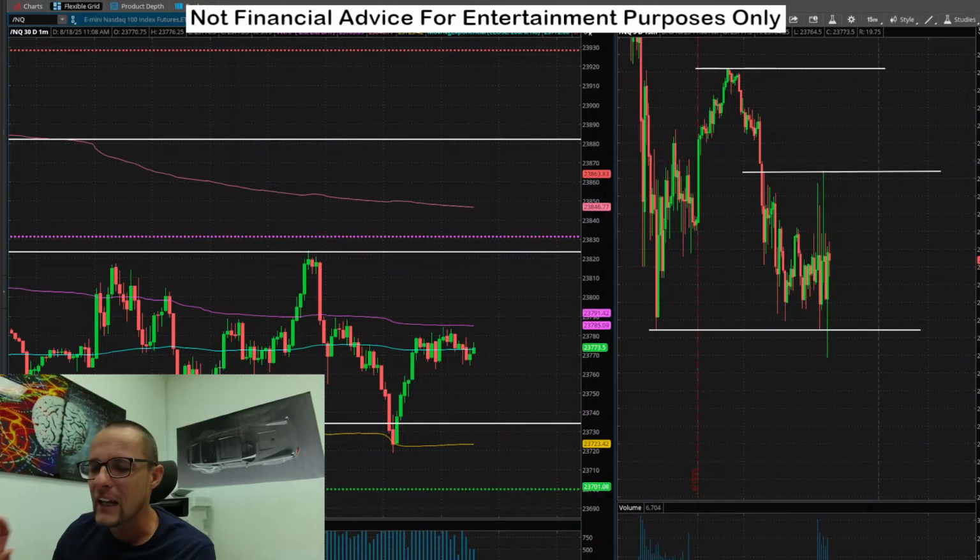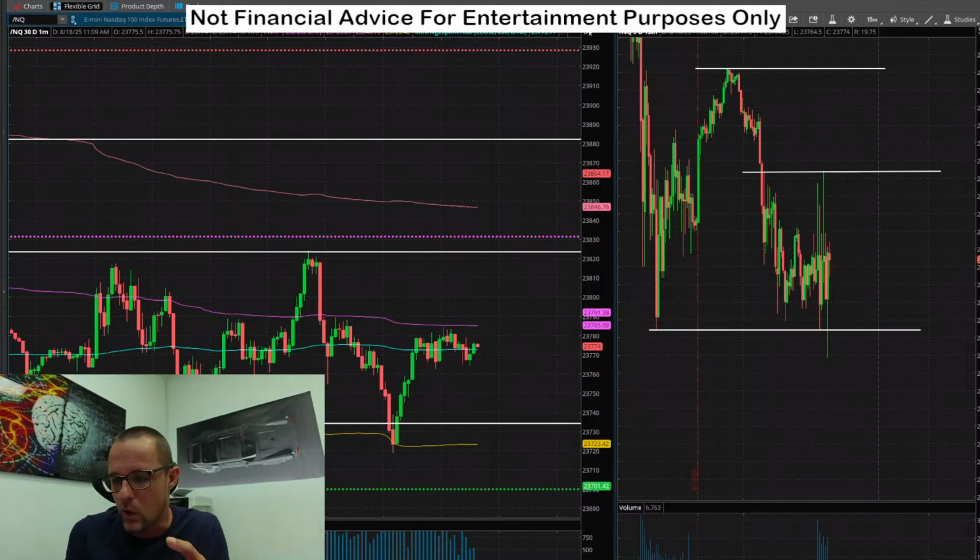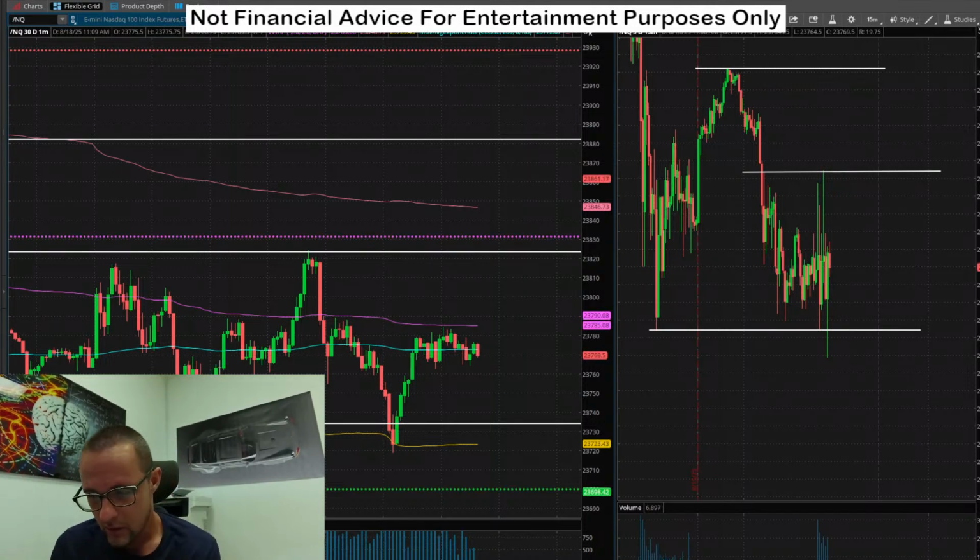Personally, the less I have in the way, the better. How many confluences do I have? I look for a 15-minute sweep of liquidity and pretty much a gap to get inversed, and I target internal, whatever the next highest probability target is. Very, very simple.